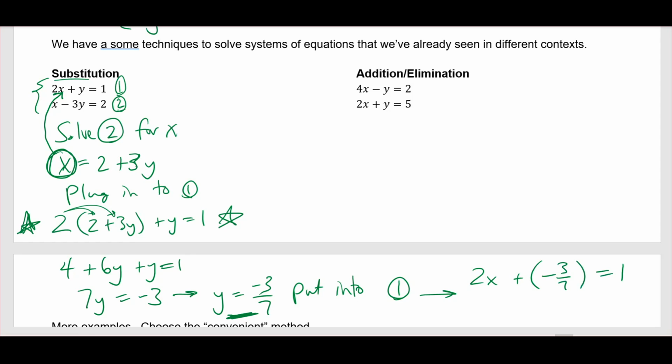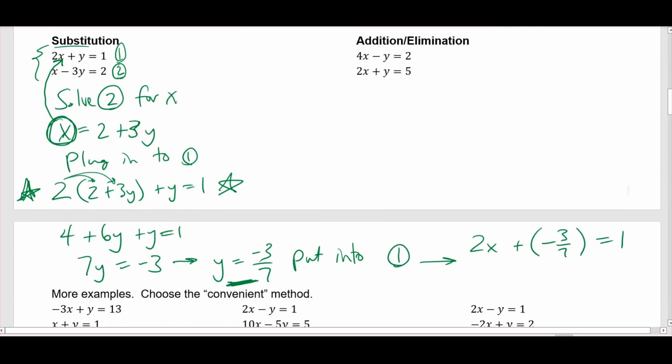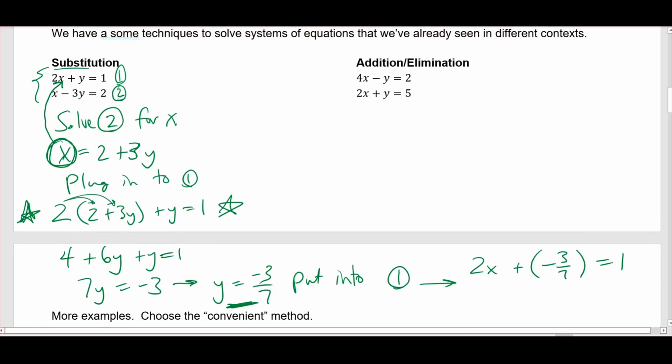That has to be 1. And now we can decide what that x has to be. And we can just solve this in the usual way, right? We're going to add 3/7 to both sides. So 3/7 plus 1 would be 10/7. And then dividing both sides by 2, we would get 5/7. And then we would have our solution.